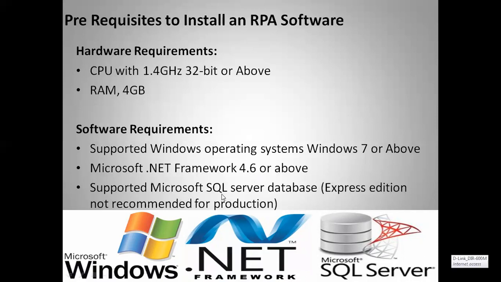And a Microsoft SQL Server database should be installed. Express Edition will do if the software is installed for practicing purposes on a standalone machine, right? If it is for enterprise purposes, you need to have Enterprise Edition installed.